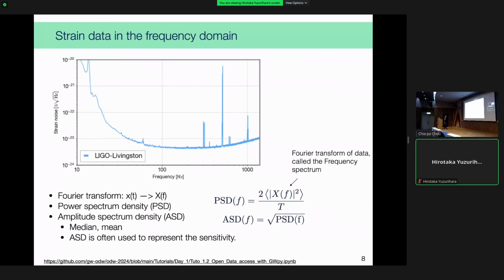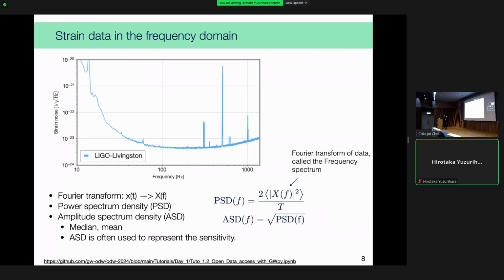We use the frequency transform to convert time domain data to Fourier domain data. This top image is called sensitivity, and sensitivity means not just a Fourier spectrum.